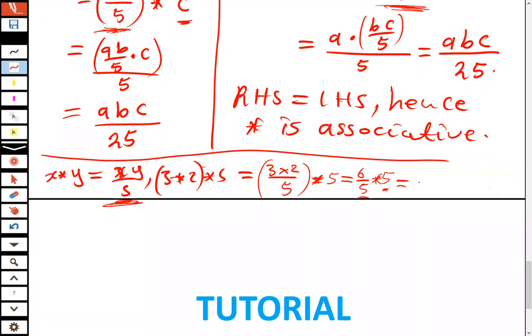So we're going to have 6 over 5 times 5, then everything divided by this 5 there, which is down in the denominator. So 6 over 5 times 5 will just give us 6, and then 6 divided by 5 will simply give us 6 over 5 again.